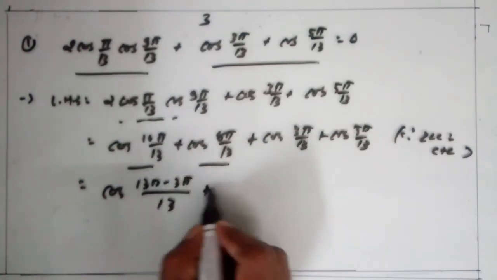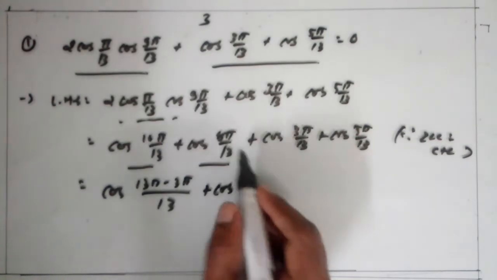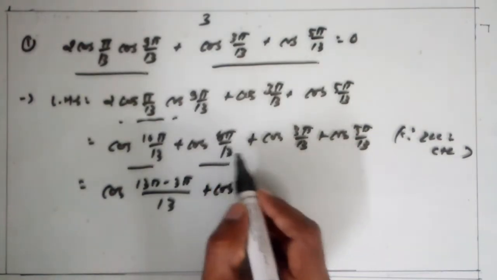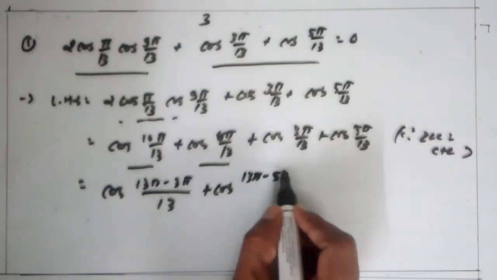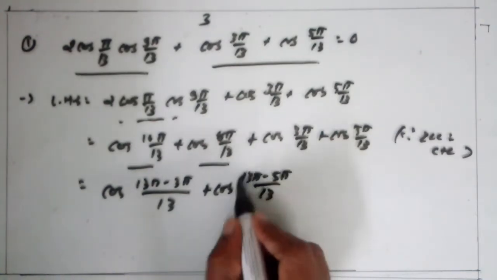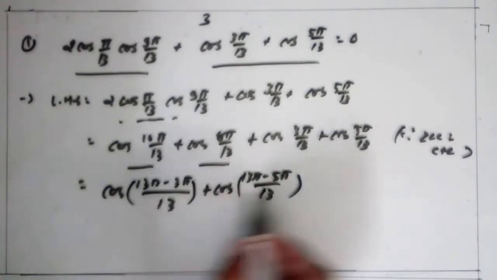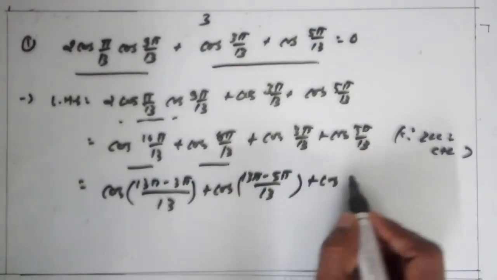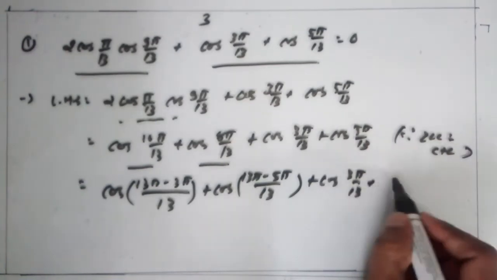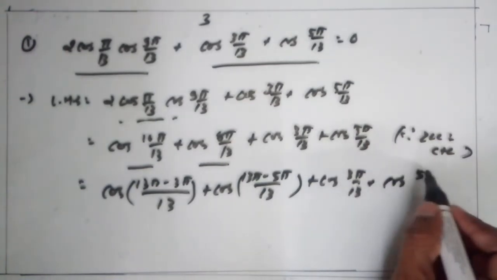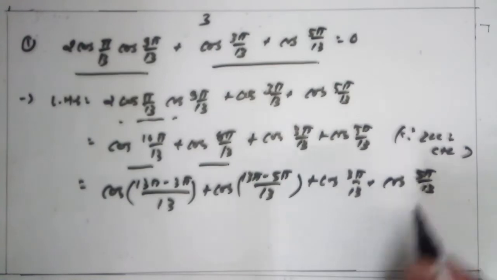Clear? Similarly, change cos 8π into a multiple of 13: (13π − 5π)/13. Clear? Plus cos remains the same, 3π/13 plus cos 5π/13.